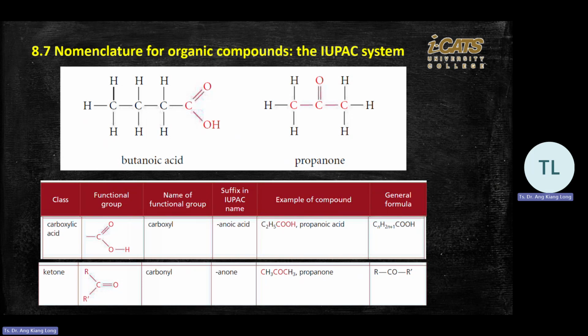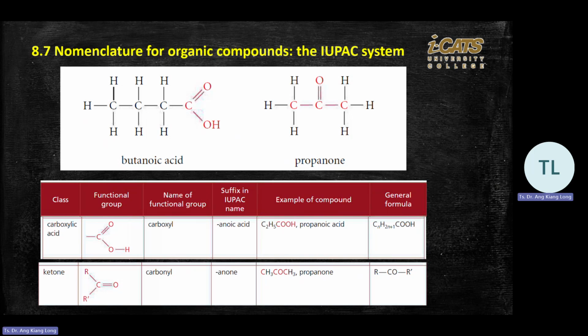Like for example, another one. How do we know this is propanone? You calculate the carbon, this 3 is prop. And then look at the functional group with this one. C, and then you have an O. CO, and then there's a carbon beside. R, R. This is called repeat structure.